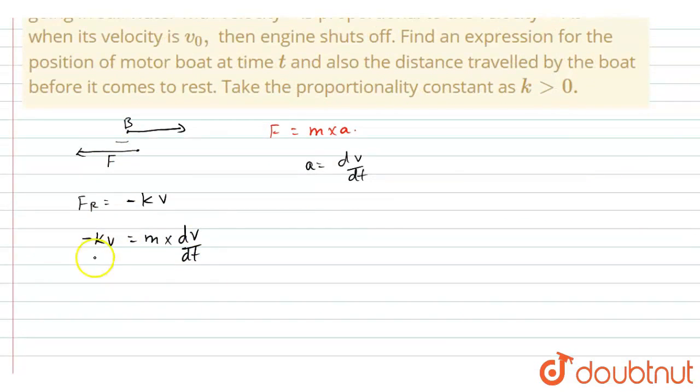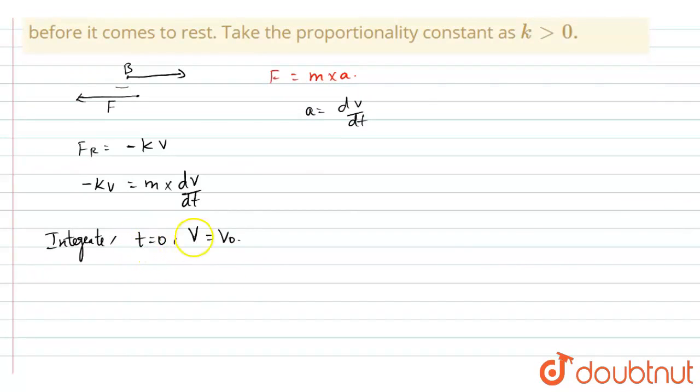Now I'm going to integrate this, where at t equal to 0 the velocity is v0, the starting velocity. Integrating, I get the t values on one side and the v values on the other. So minus k dt divided by m equals integral dv by v.